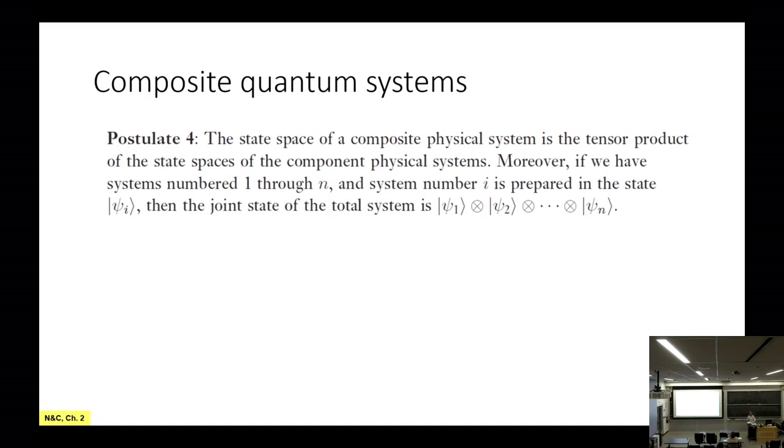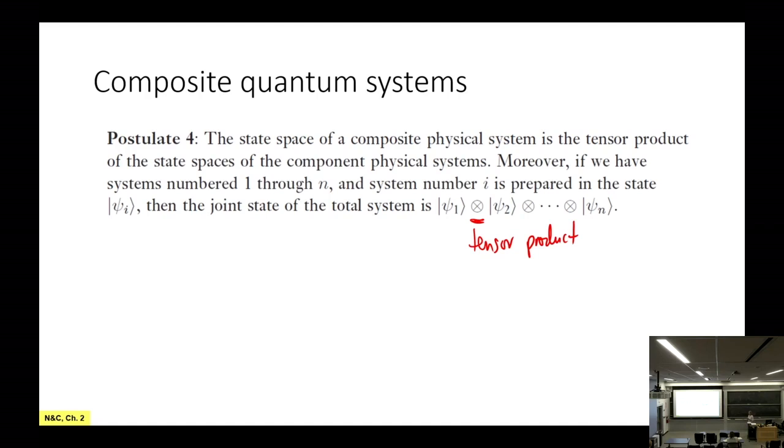It says that the state space of a composite system is the tensor product of the state spaces of the component physical systems. So if we have systems numbered 1 through n, with system number i prepared in the state psi i, the joint state of the total system is the tensor product of the individual components, where this symbol here represents the tensor product.